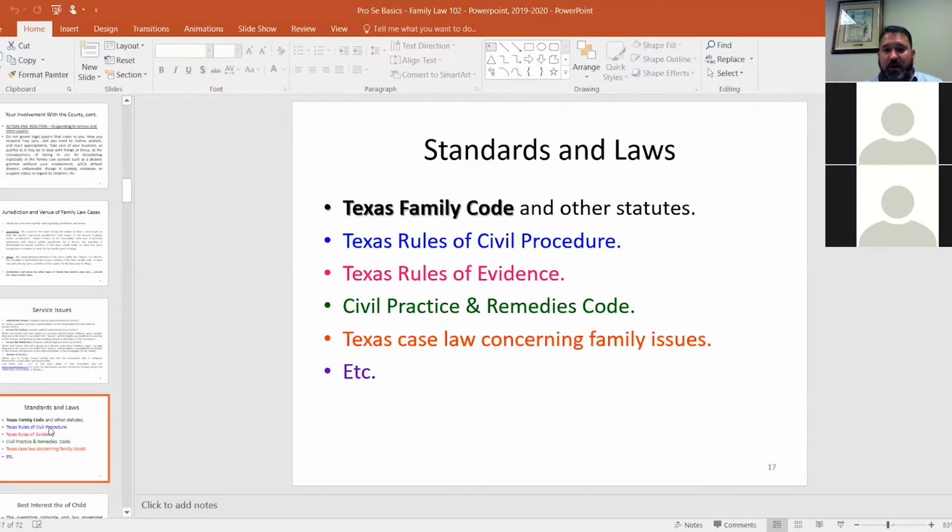There's other records that you might need to get admitted into evidence. How do you do that? It's a very key issue that a lot of normal folks aren't going to really be aware of, and it could be a hiccup for them. Something lawyers deal with all the time. How do you get your evidence into the record, whether it's medical records or photographs or text messages or something like that?